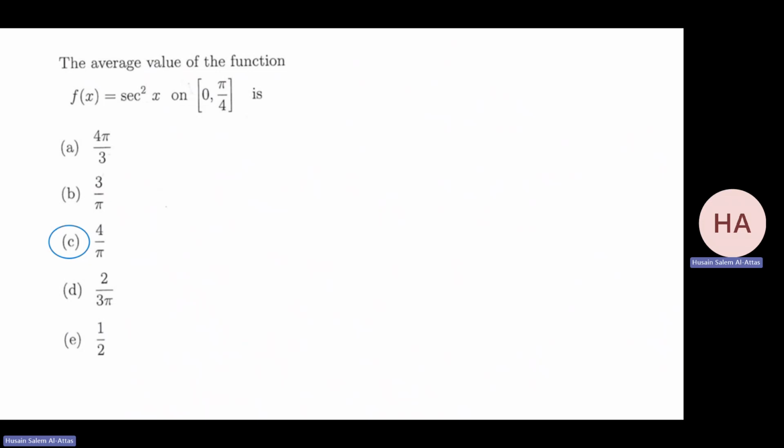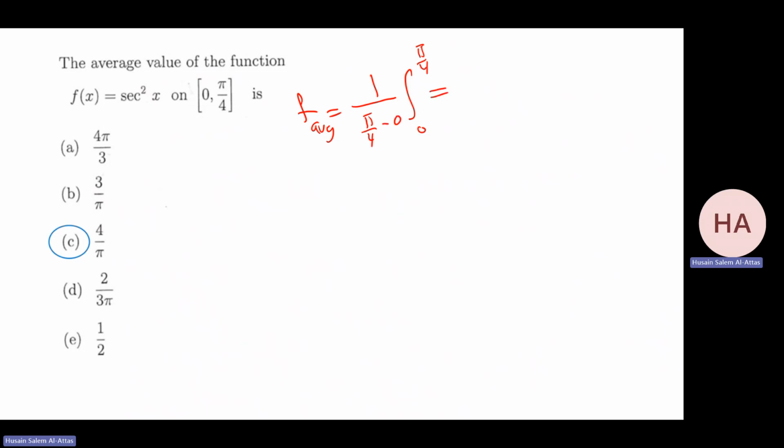He wants you to find the average value. This question is easier. The average value will be the integral, direct one, from 0 to pi over 4. Don't forget, f average is 1 over b minus a.